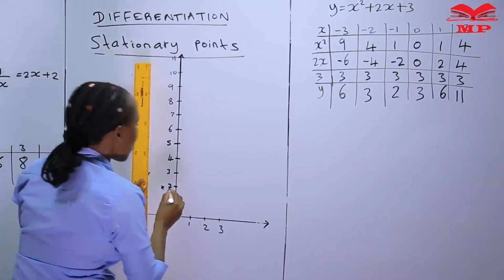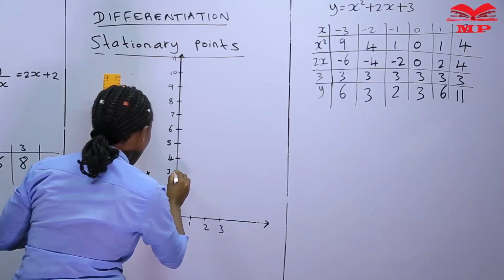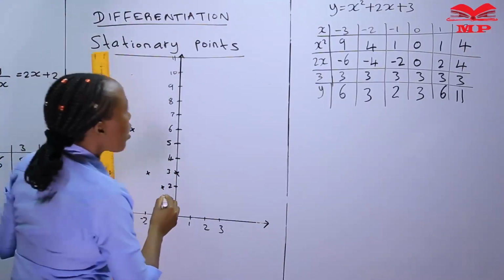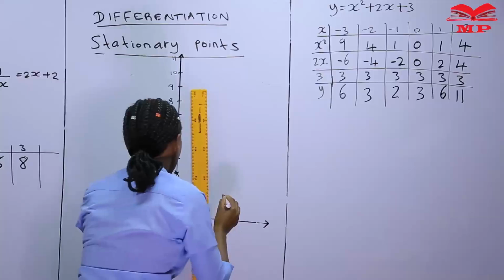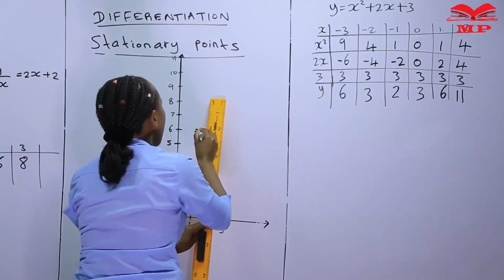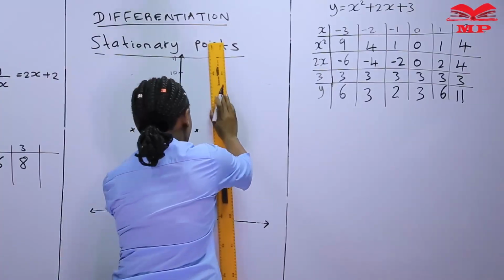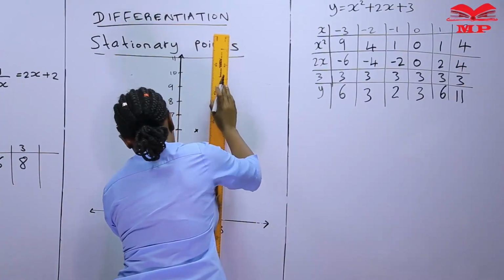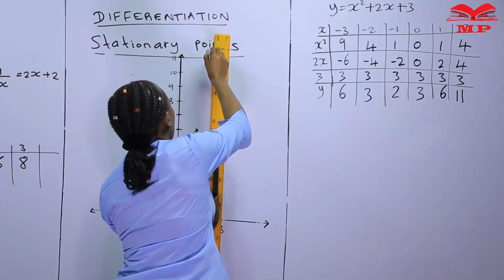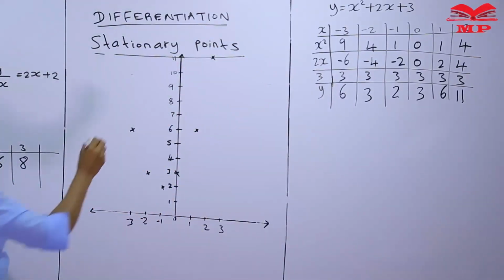Then we have 0, 3, 0. We move now to 3. Then we have 1, 6. We have 1 and 6 is here. Then we have 2, 11. 2 and 11. So that's the curve that you are going to have. Our 11 is there. So we plot that curve.